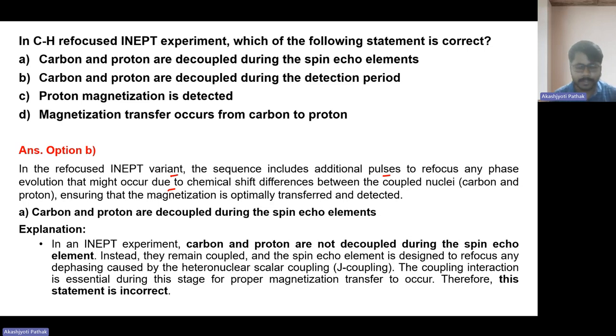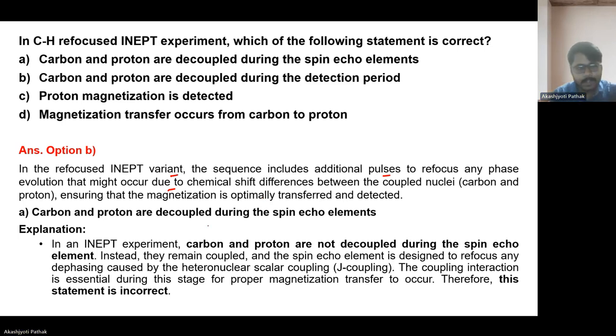That was the main goal of the experiment. Carbon and proton are coupled, but there might be some subtle chemical shift differences between the two nuclei, so this ensures that the magnetization is optimally transferred and subsequently detected accurately.